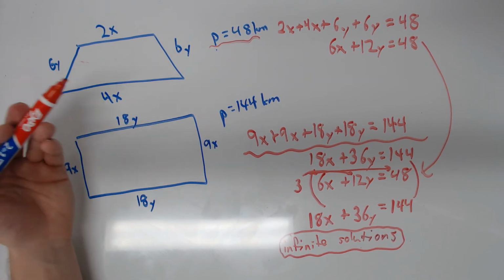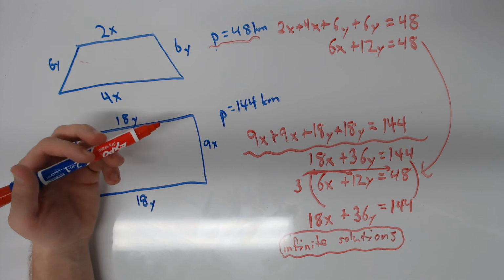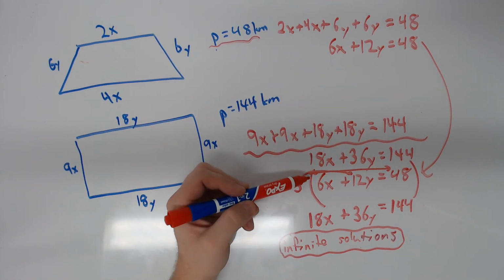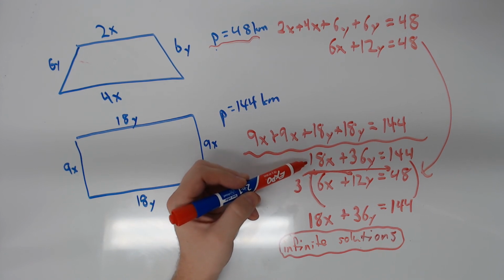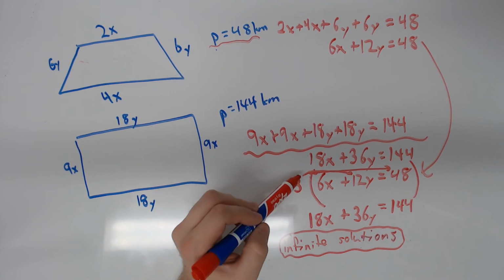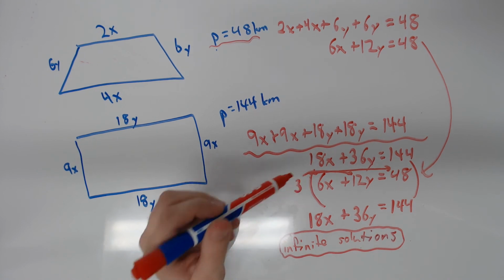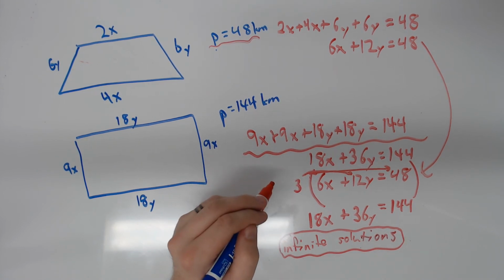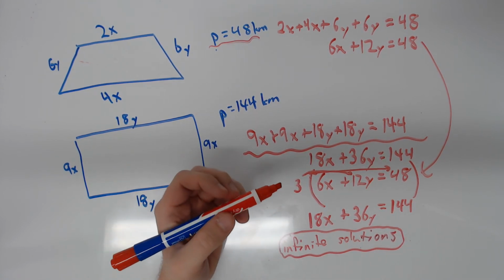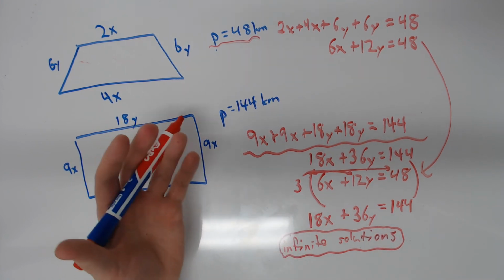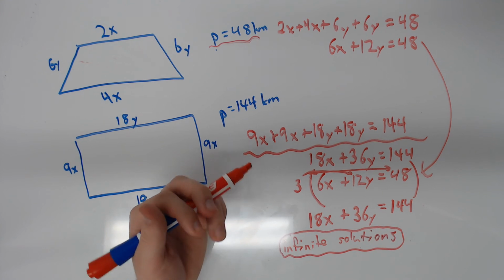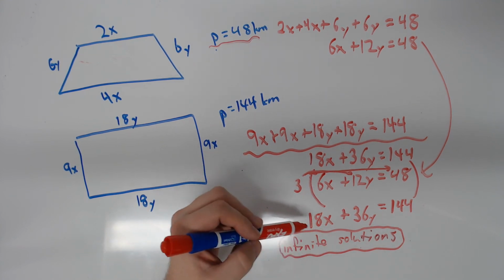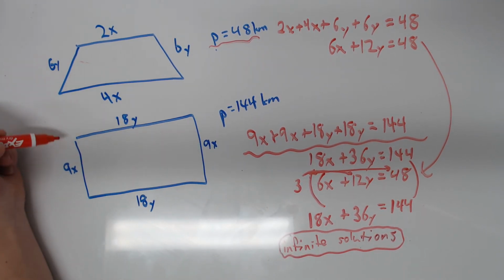The x values, the y values, and the perimeter, when I actually had it written out in an equation form, it was exactly 3 times as much to get to the rectangle. So in math, we wouldn't actually consider that a unique data point. It doesn't give us any extra information because it's just a scaled up or scaled down version of the same thing. Okay, so you need to choose different numbers, different ratios of your data points.